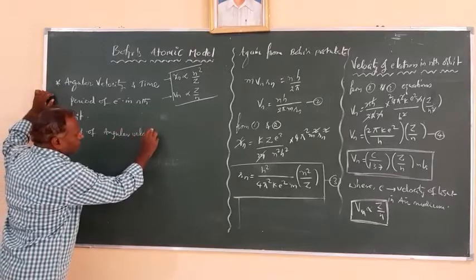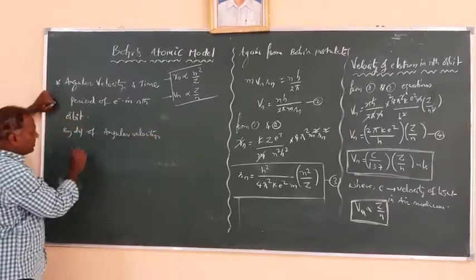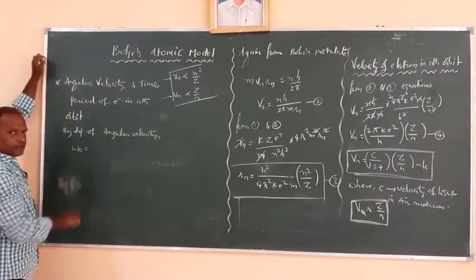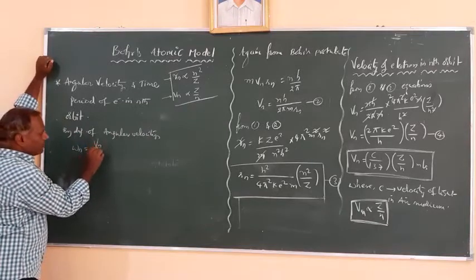By definition of angular velocity, we can write omega n is equal to Vn upon Rn.